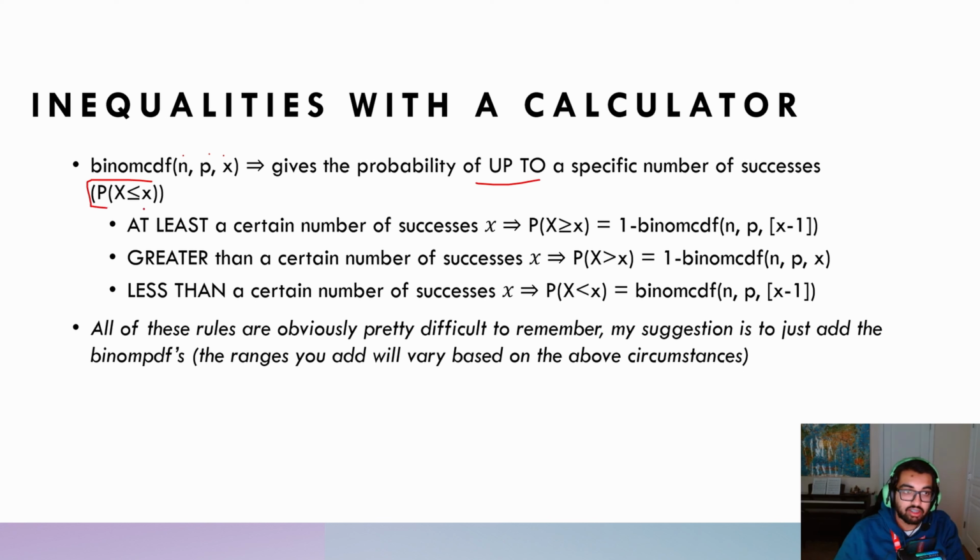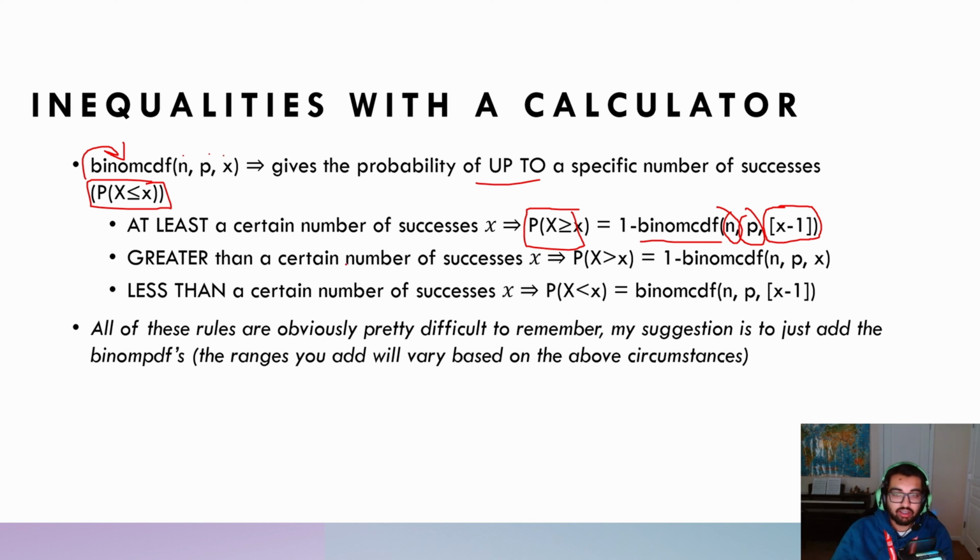So that's essentially what this is equal to. If you want at least a certain number of successes, which is this, you're going to want to do 1 minus this, and then this, and x minus 1.